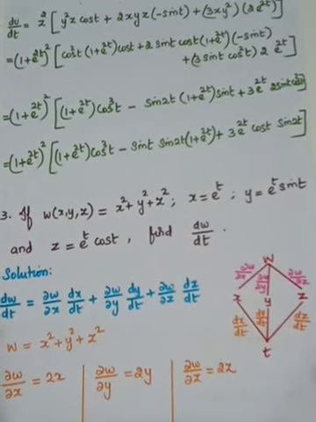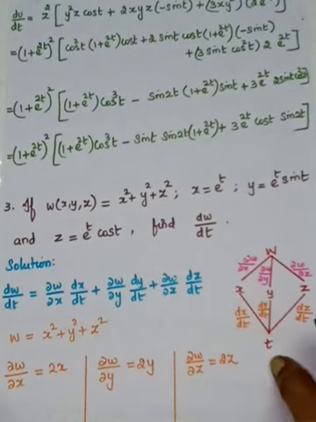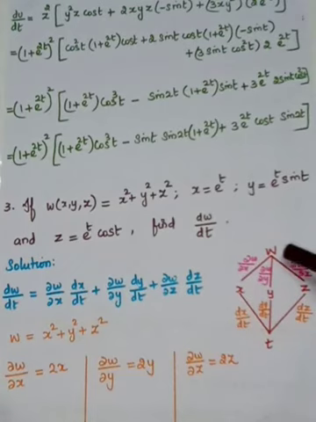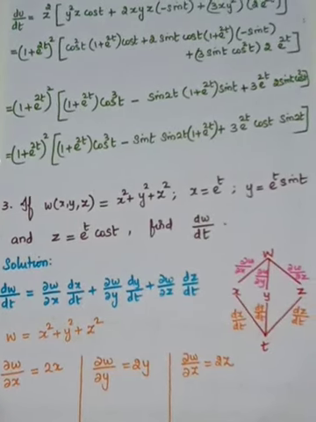Okay. So come to problem number 3. The same way we have to do. So if w is a function of x, y, z, three variables, x = e^t, y = e^t sin t, and z = e^(cos t). Find dw/dt. So how is the diagram? w is a function of x, y, z. x, y, z are functions of t.